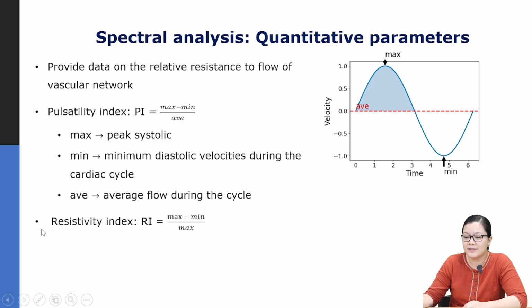Otherwise, if the resistivity index is high, then it means that there's not much blood flow going into that region. So this is how clinicians would utilize these parameters to gauge the health of an organ.